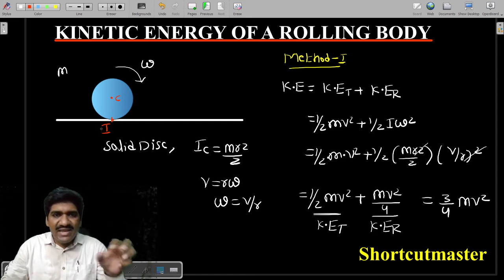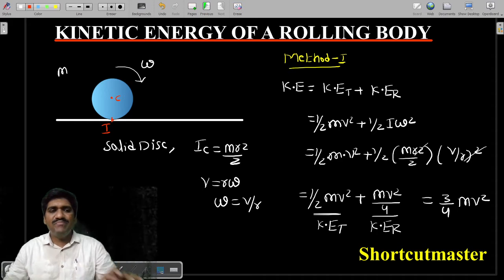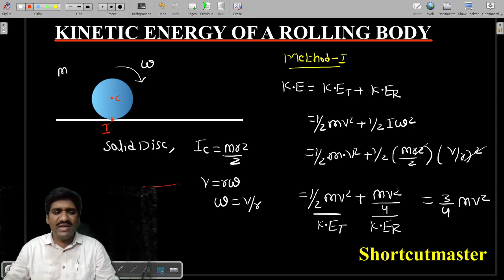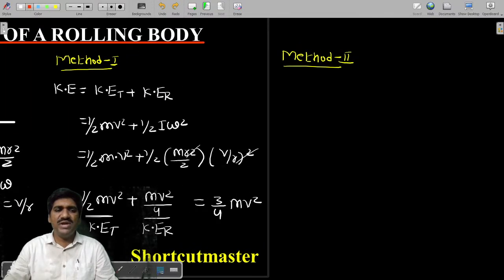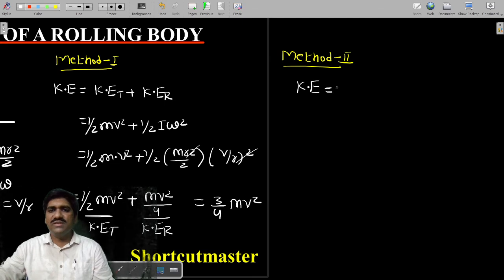Now I can assume that this body is having pure rotation about the point I. Since the body has only rotation, the kinetic energy in rotation will be half I omega square.